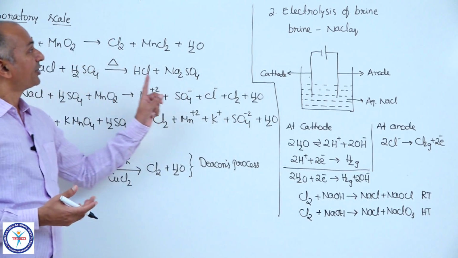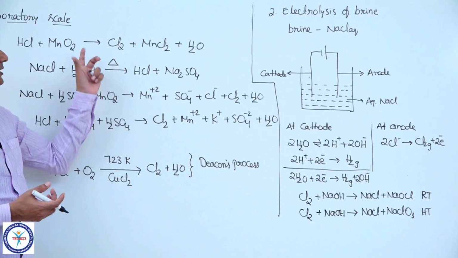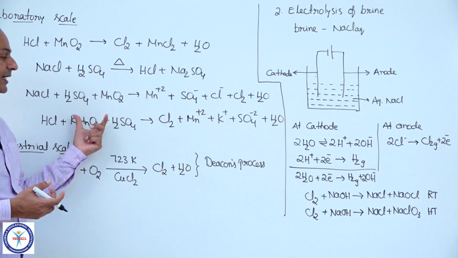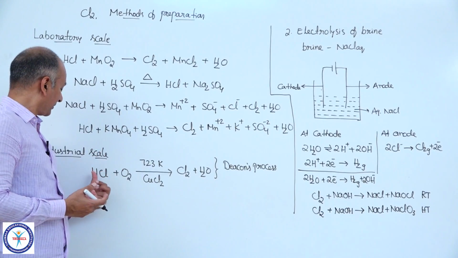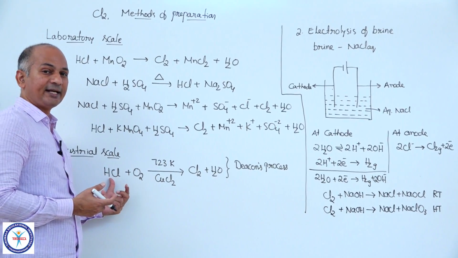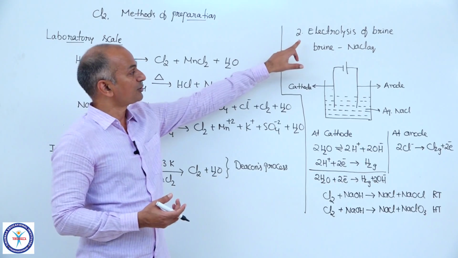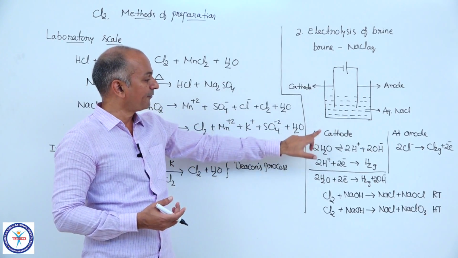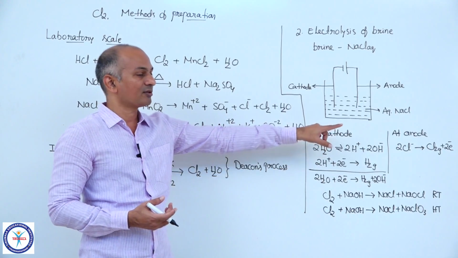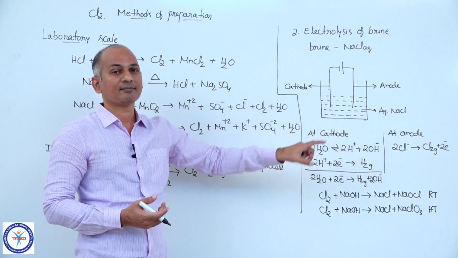So these are the methods of preparation of chlorine. These are the laboratory scale, small scale methods of preparation, and this is industrial scale, Deacon's process, and this is also industrial scale, electrolysis of brine. And very carefully observe the reaction, the cathodic reaction and the anodic reaction.